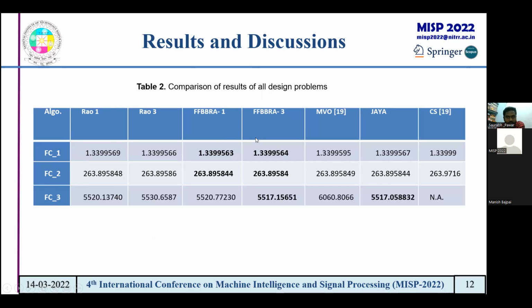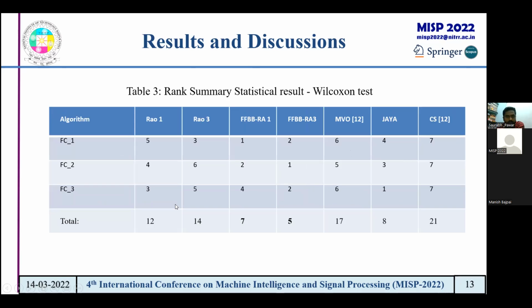The proposed methodology is tested on these, and if we see the fusion behavior based Rao algorithm, FABB array 1 and 3 showed better performance than the earlier algorithms. CS is cuckoo search, along with multiple optimizers and the Jaya algorithm. All these algorithms were taken from the references, and these are the results.